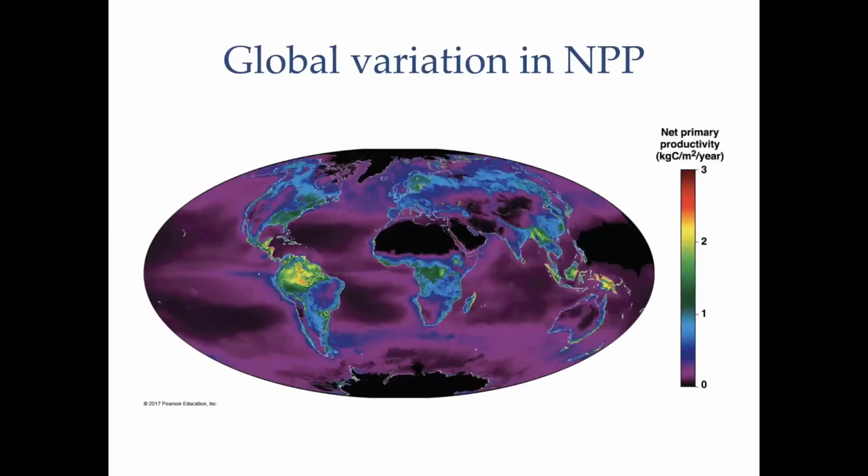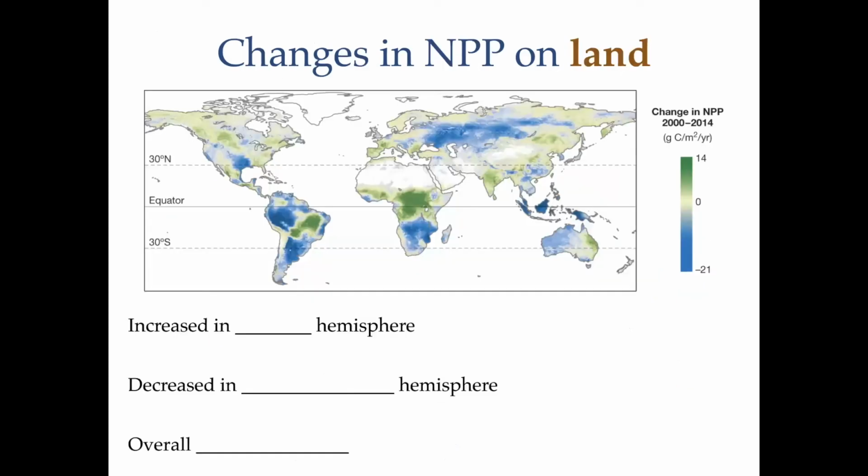Now, if we analyze it globally, we are also going to see that net primary productivity is going to change and vary globally. And it's not only that it is going to be different depending on whether you are on sea or on land, but net primary productivity has been changing a lot from how it used to be to how it is now.